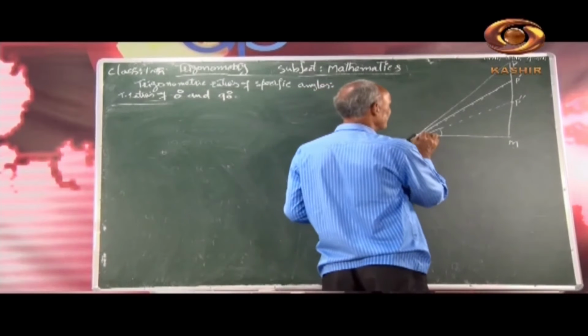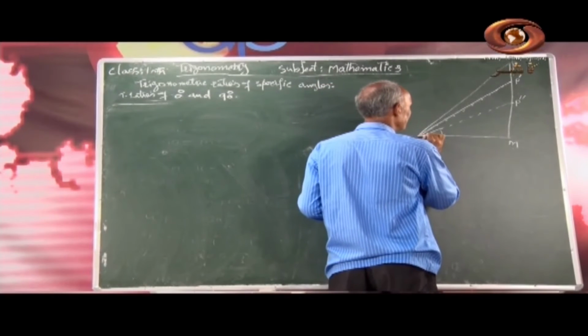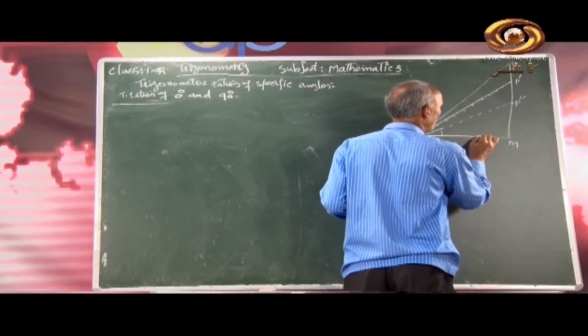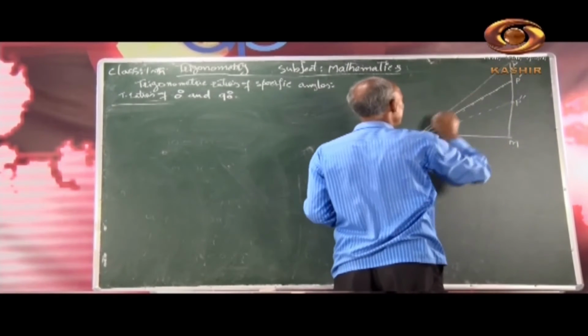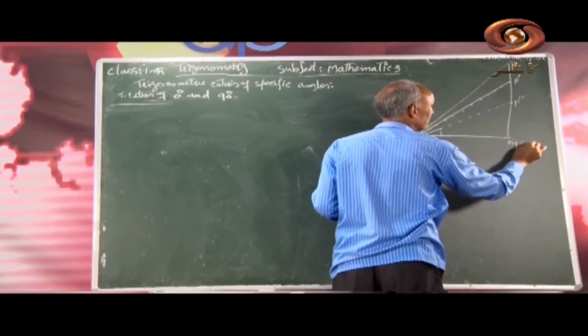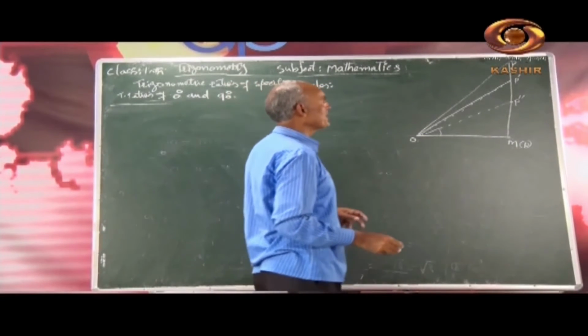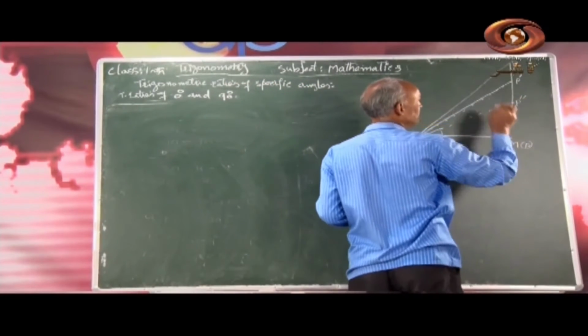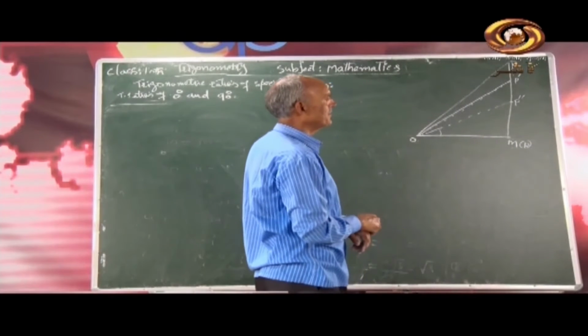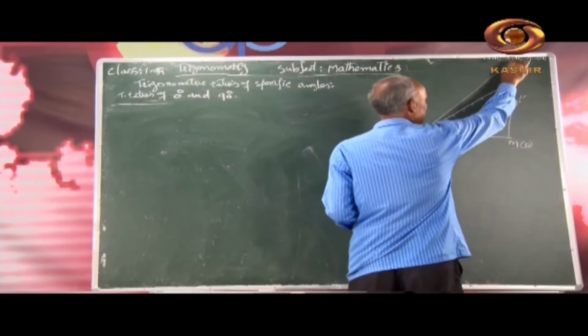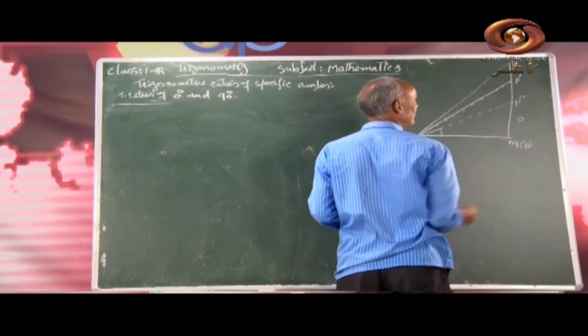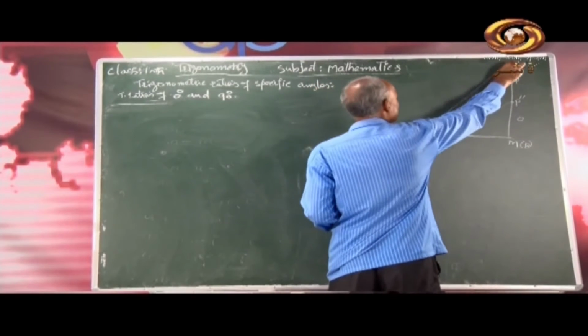One time we will reach 0 degree, meaning the OP and OM will coincide. This OP and OM will coincide, so that angle will be 0. When these coincide, this height will become 0. The altitude of the triangle will become 0. That means the PM side will become 0, and these two sides will coincide.